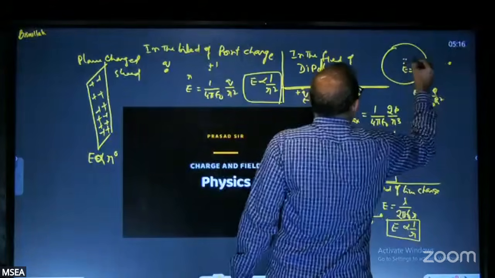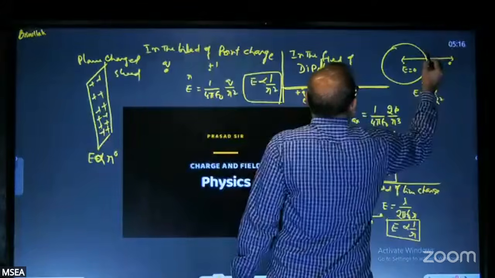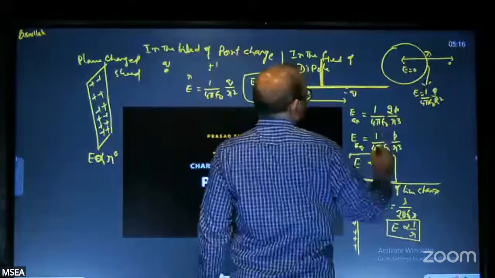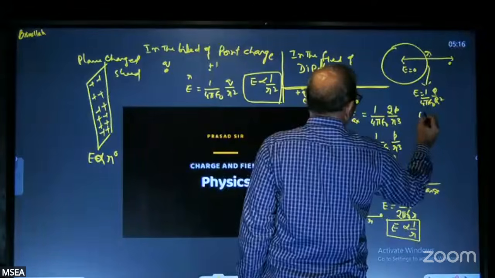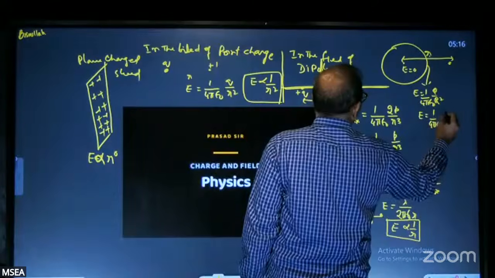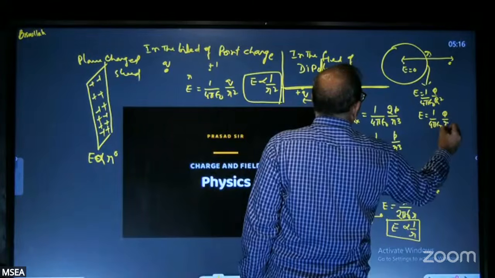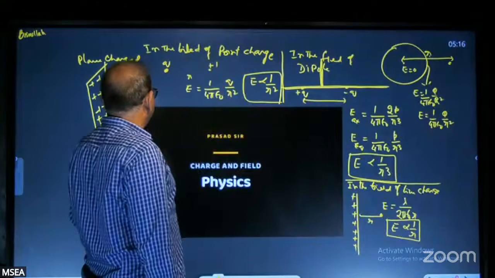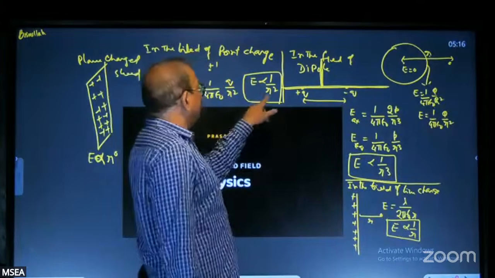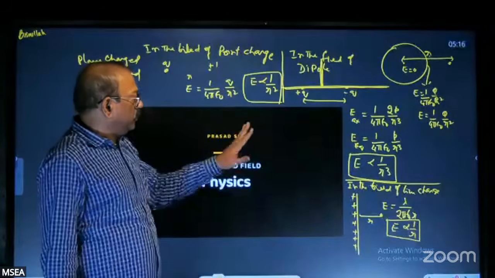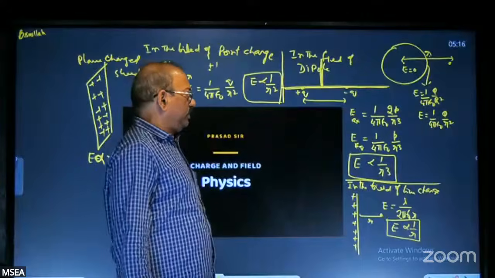Intensity at any point outside, which is at a small r distance from the center of that hollow sphere, is 1 by 4 pi epsilon naught q by small r square. So this intensity in various cases and its relation with the distance of the given point, you revise regarding the intensity of the field.